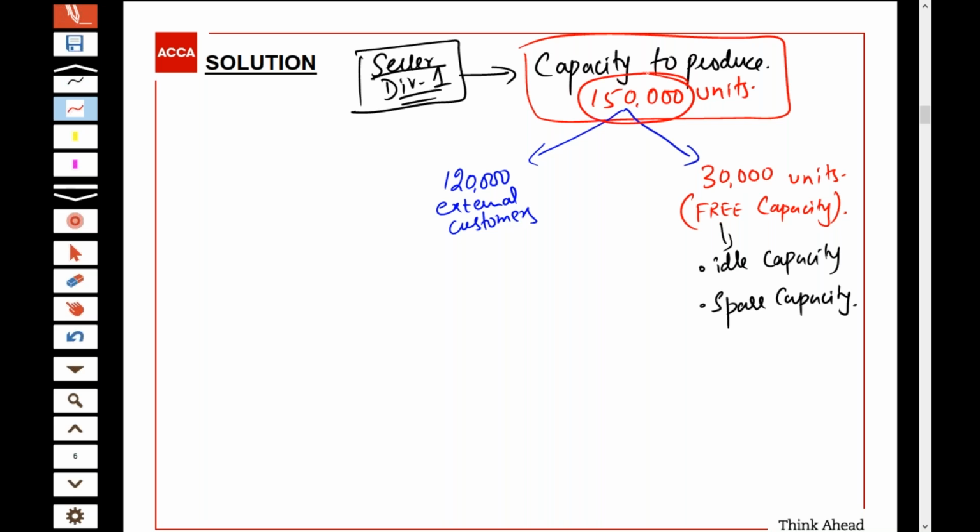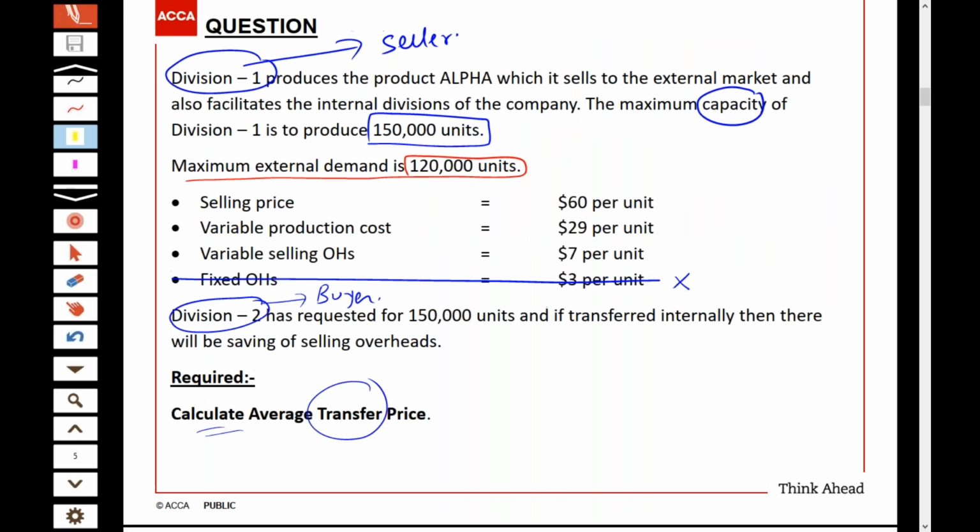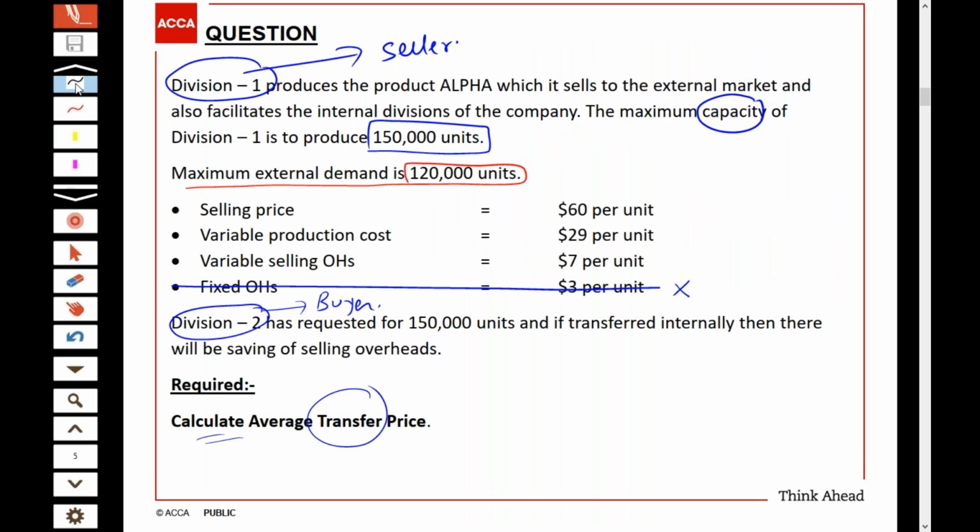This is my maximum capacity to produce, and my external customers are 120,000, and 30,000 is the free capacity, idle capacity, or spare capacity. All right, now what was the scenario in the question?